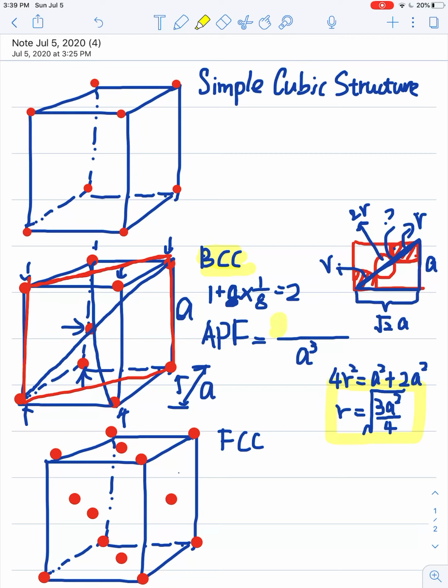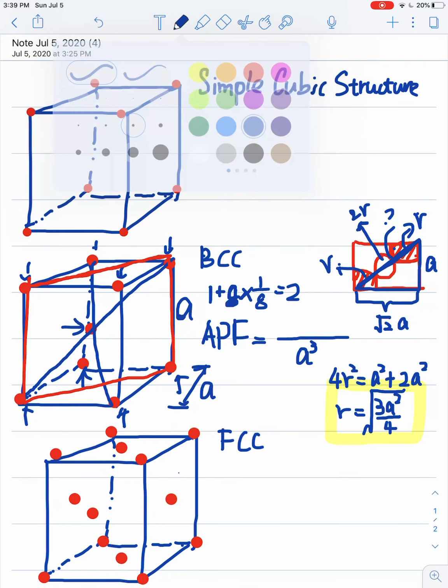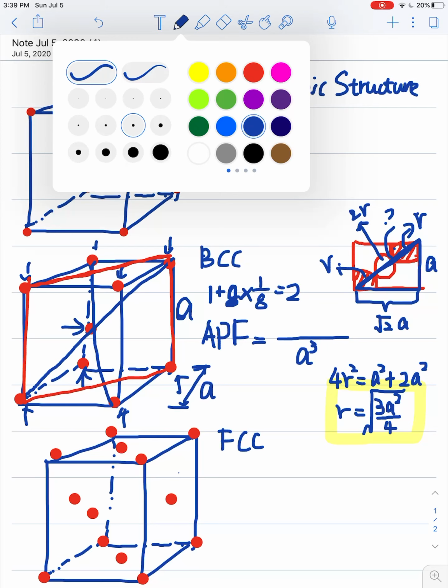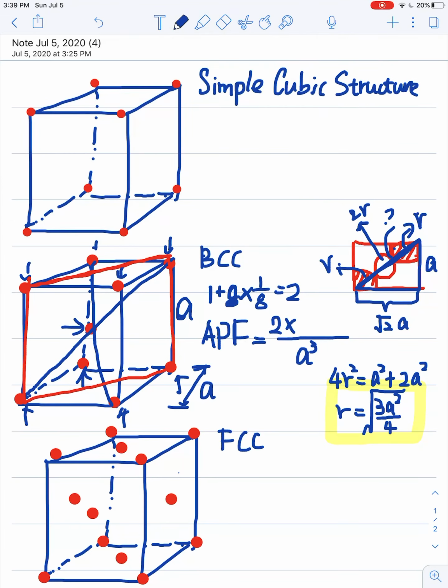So in total we have 2 atoms, times the volume of each atom, 4 over 3 pi r cubed.